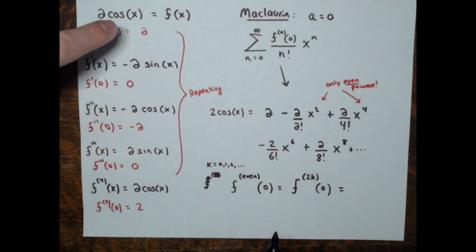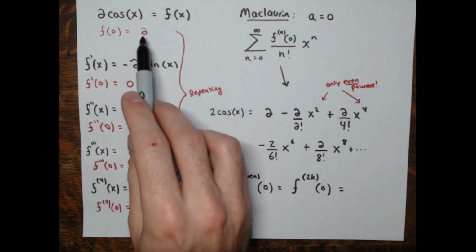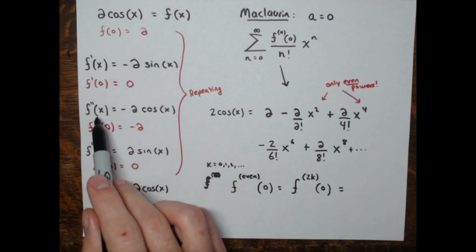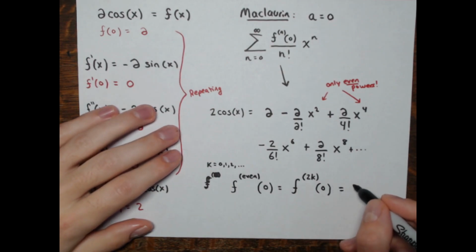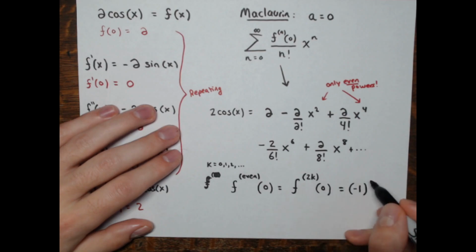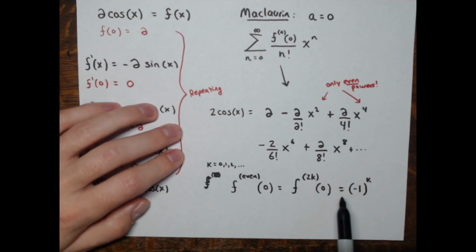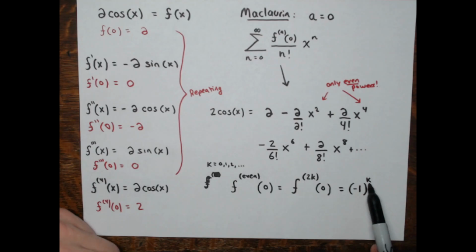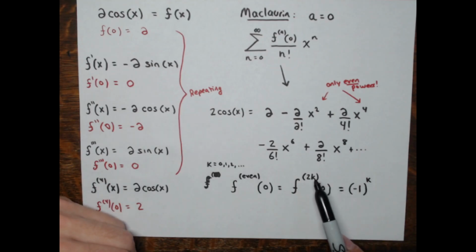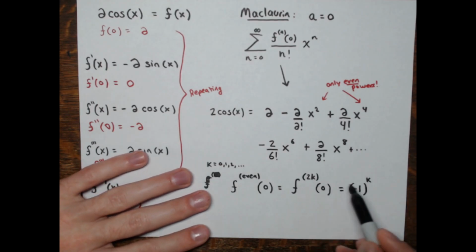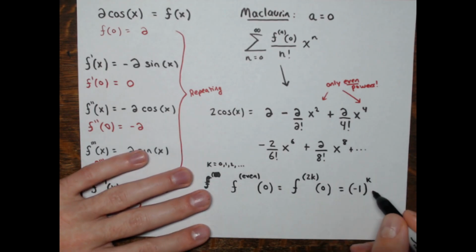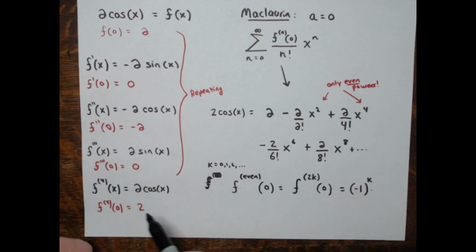And so what we see here is that the value of the 0th derivative was positive 2, the second derivative was negative 2, the fourth positive, negative, positive, negative. So I should have this power of negative 1 going on, and it's to the k, right? Because when k was 0, it should be positive. K is 1 for the second derivative, it would be negative, negative 1 to the first. And this will alternate. And then we had times 2.